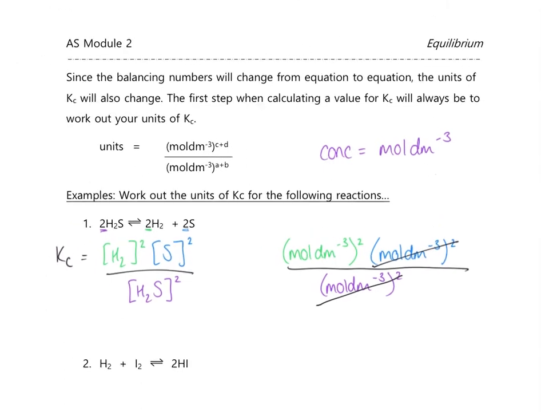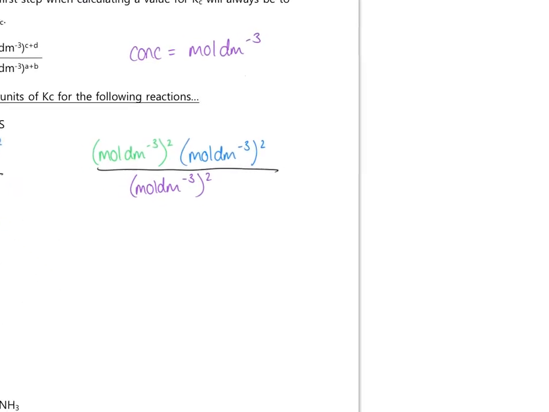Another way of doing it, let's go back to this stage, is by adding the powers on the top part of your equation and then separately on the bottom. Inside my brackets I have the same unit, moles per decimeter cubed. The rules of indices state that when we multiply things with powers, we add those indices.